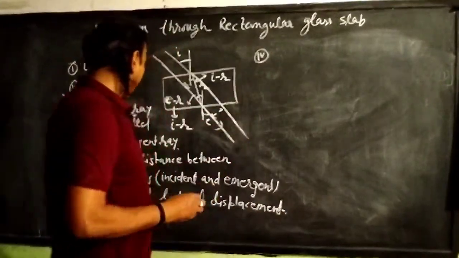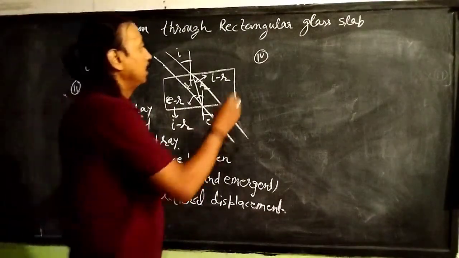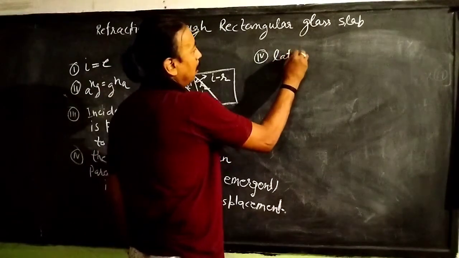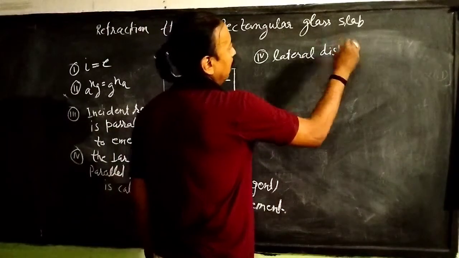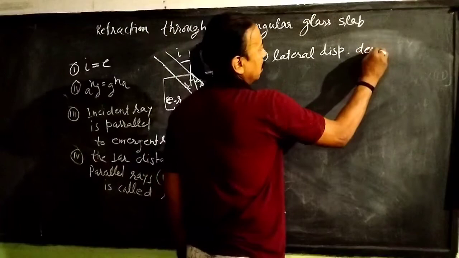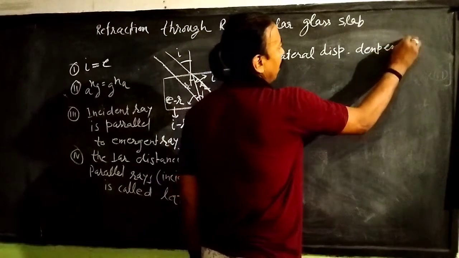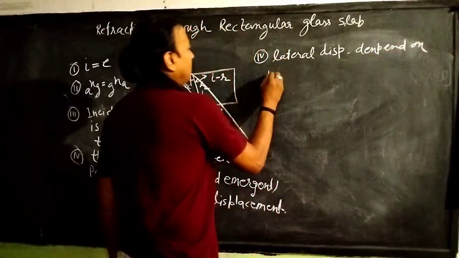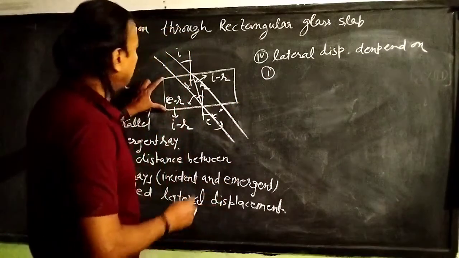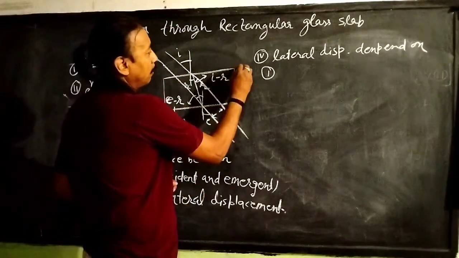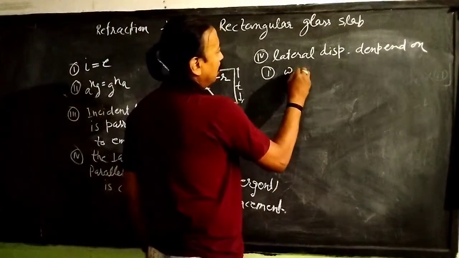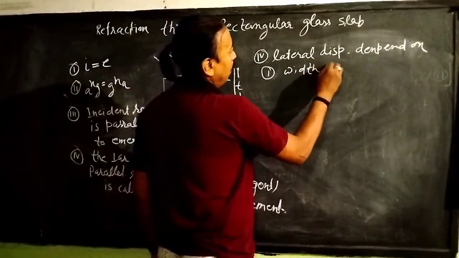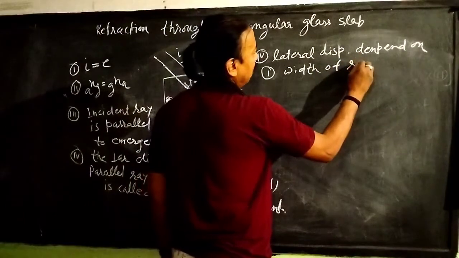Again, lateral displacement depends on, number one, the thickness of the glass slab, the width of the slab.